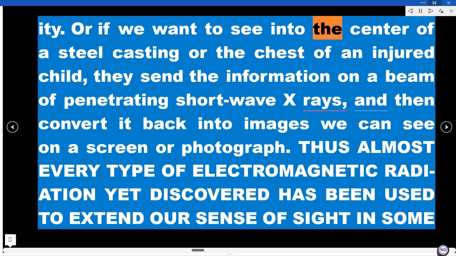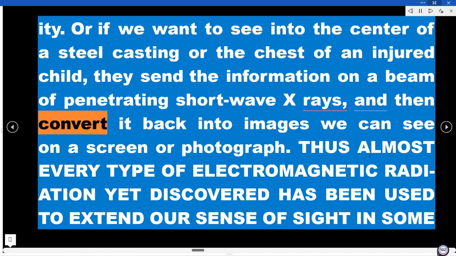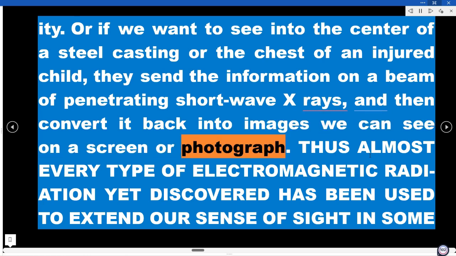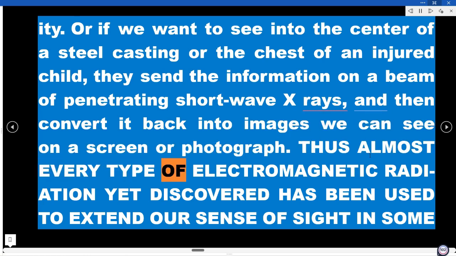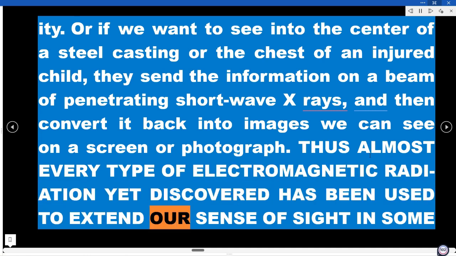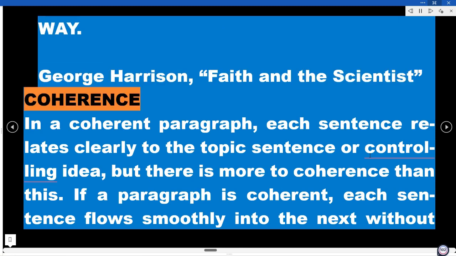Or if we want to see into the center of a steel casting or the chest of an injured child, they send the information on a beam of penetrating shortwave X-rays, and then convert it back into images we can see on a screen or photograph. Thus almost every type of electromagnetic radiation yet discovered has been used to extend our sense of sight in some way. George Harrison, Faith and the Scientist.